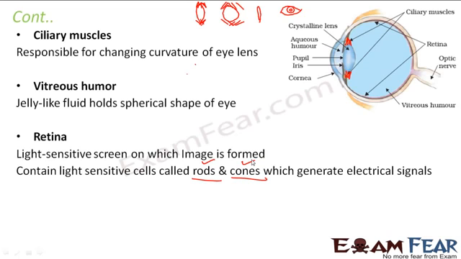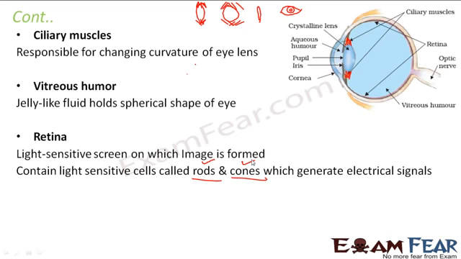When light is received on the retina, these cells generate some electrical signals. So that means the light energy gets converted into electrical energy. These rods and cones are nothing but receptors of light, and they generate electrical signals. And the retina acts as a screen where the image is formed.